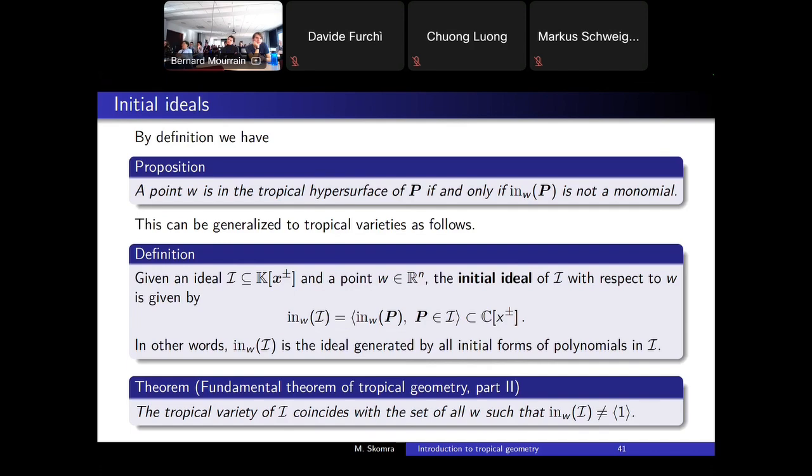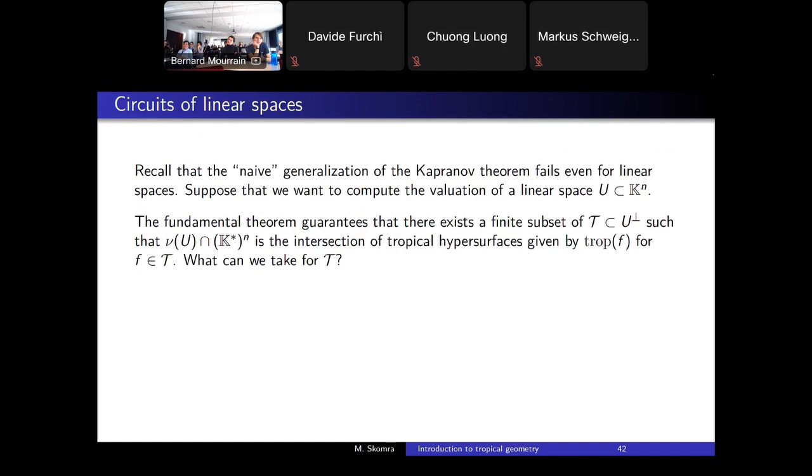Okay, so I will finish by giving you some sort of an explanation for our previous example. In our previous example, we have seen a linear space where, when I tropicalize the equations naively, I don't get the tropicalization.